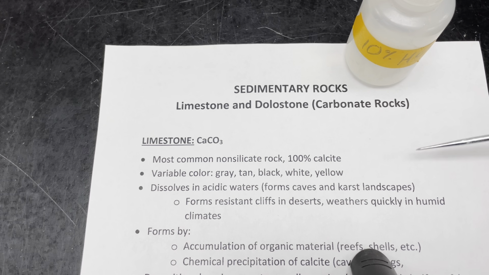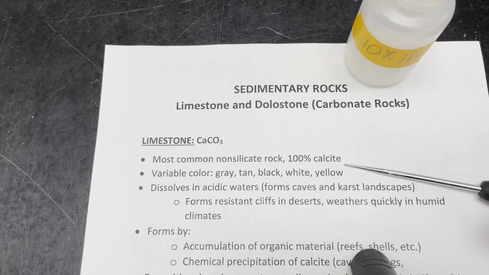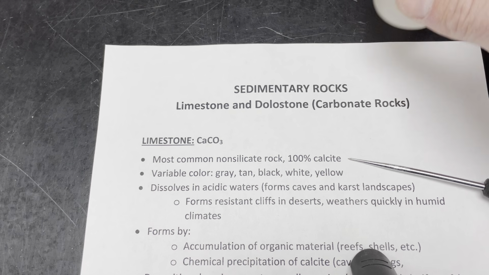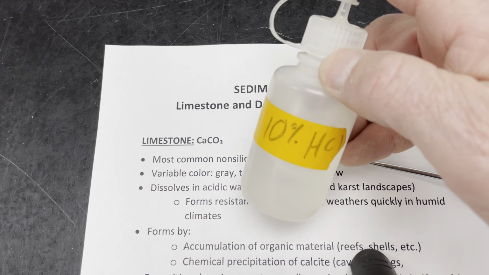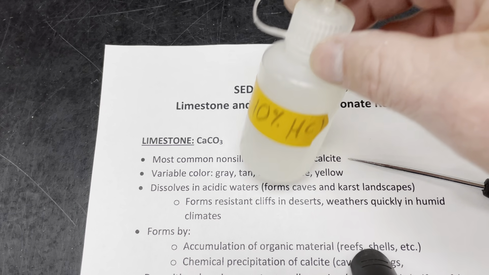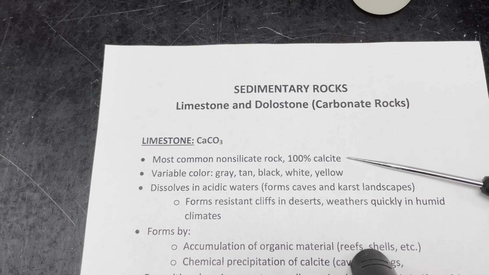Of course, I work here at a college, so we have a chemistry department, and they're able to put together a simple bottle of that solution for me. But you could also, I think, use vinegar. If you have a local college, university, or a chemical supply company, you might take them a little dropper bottle and ask them to make a 10% solution for you, they might do it. I don't know. You'll have to check around and see what options are available for you.